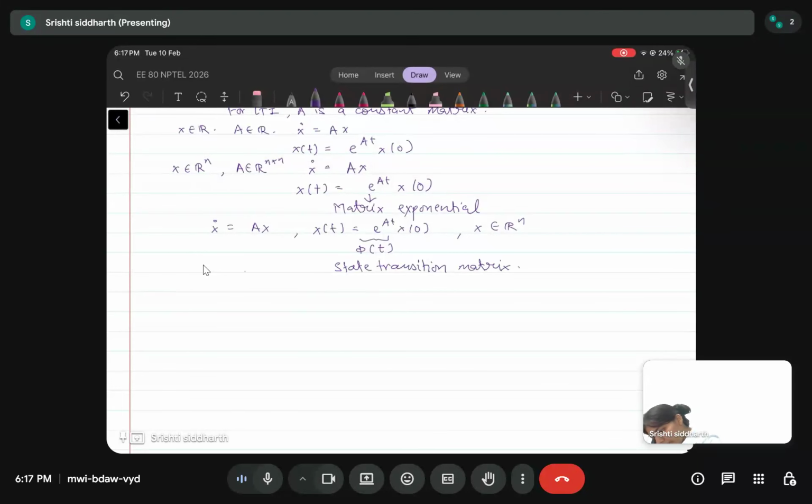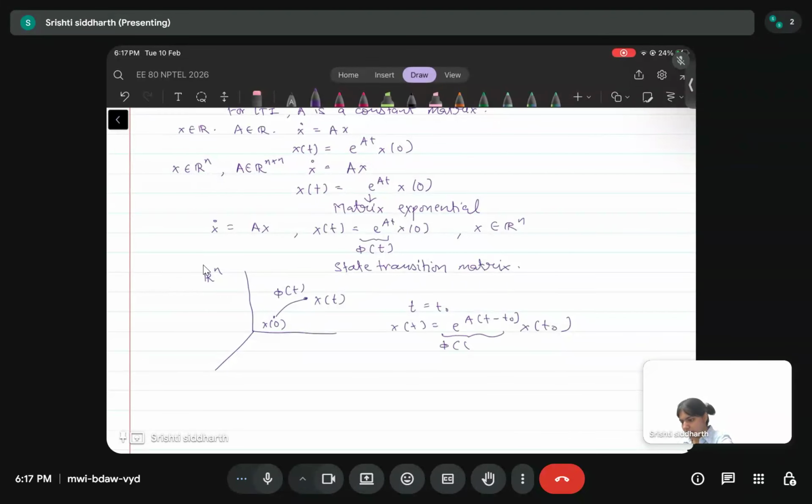If you are in the state space, let's say this is Rn, and this is some initial condition, then on applying phi(t), you get to the state x(t). In a more general notation, if t equals t naught is the initial time, then x(t) is e to the power A(t minus t naught) x(t naught), and this is phi(t, t naught).